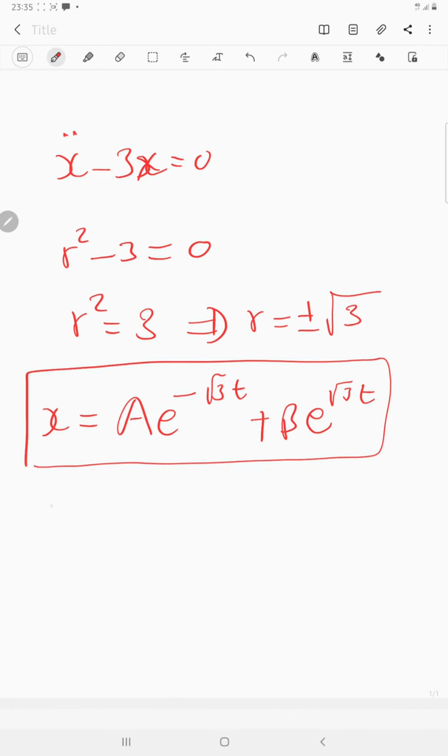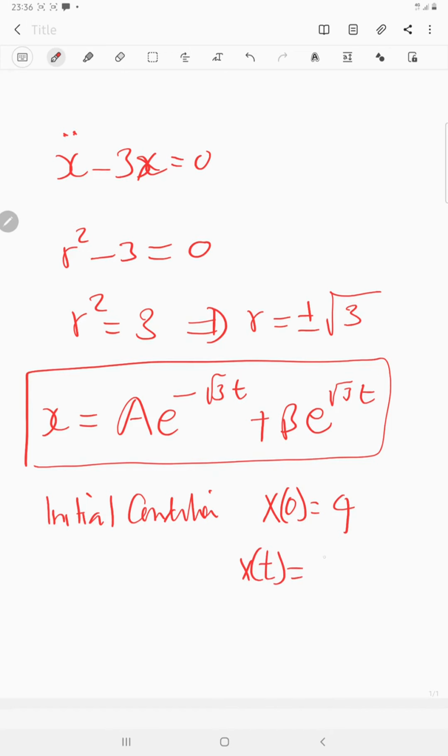But now with this general equation, if you have an initial condition, maybe given that x0 is equal to 4, then you can substitute, because this is the same as x of t is equal to 4.